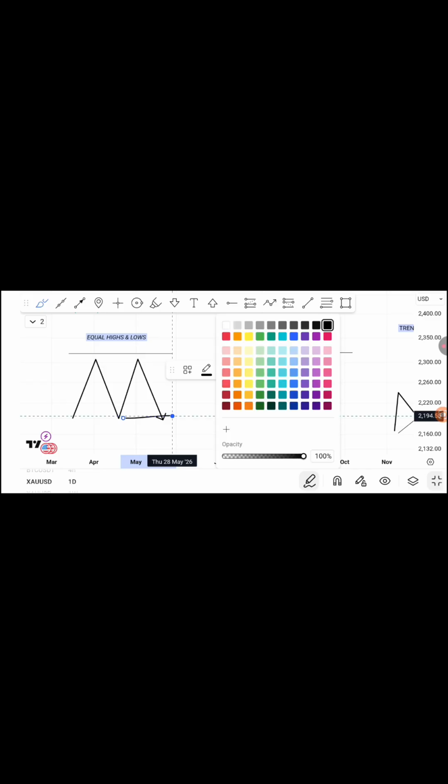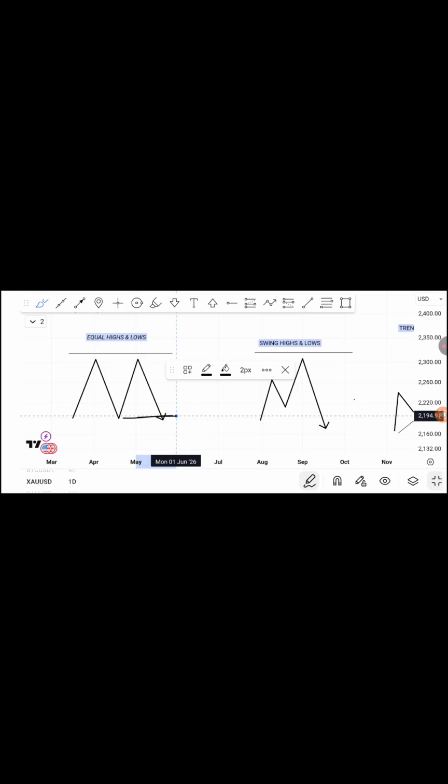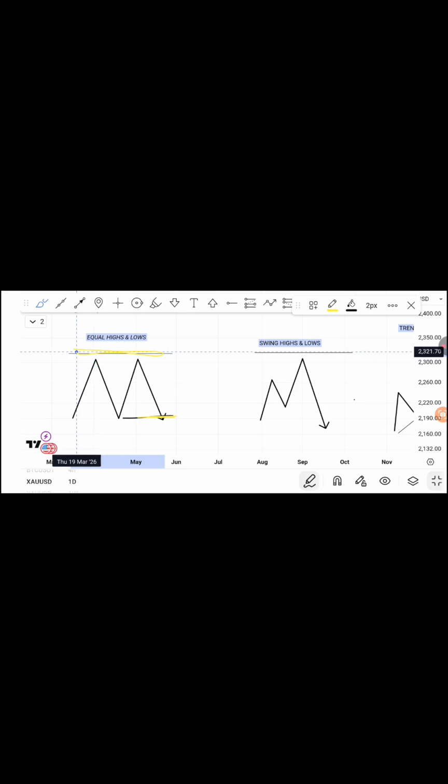Wait, let me change the color here. Okay. We are going to sell at this level, right? And we will be putting our stop losses above the equal highs here, right?